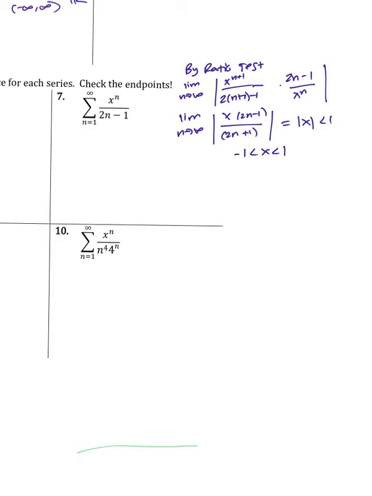So let's go ahead and look at -1 first. If x equals -1, this series becomes the sum of -1 to the n over 2n minus 1. And this is an alternating series, so my first gut is to try the alternating series test. The limit as n approaches infinity of 1 over 2n minus 1 is 0.